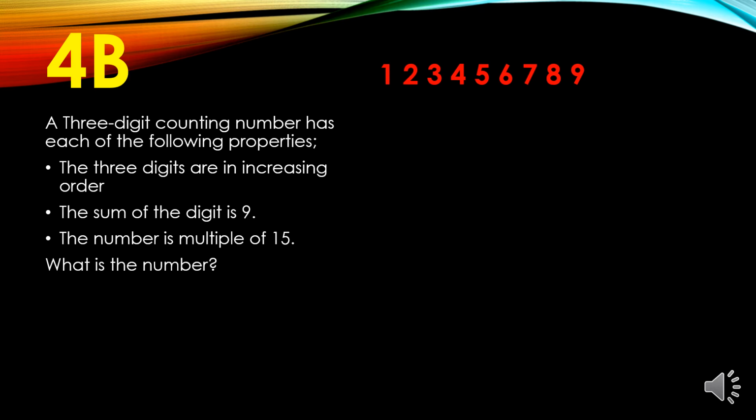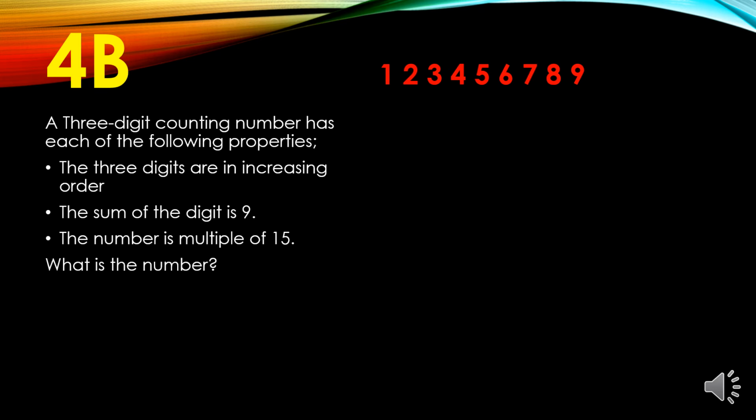So we have the digits 1, 2, 3, 4, 5, 6, 7, 8, 9. First, we just choose three digits in increasing order. All of them are possible. But let's go for the next one, which is that the sum of the digits is 9. 1 plus 2 plus 3 will give us 6. 2 plus 3 plus 4 will give us 9.